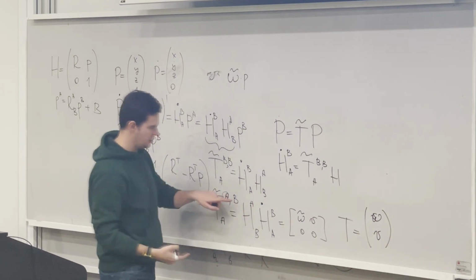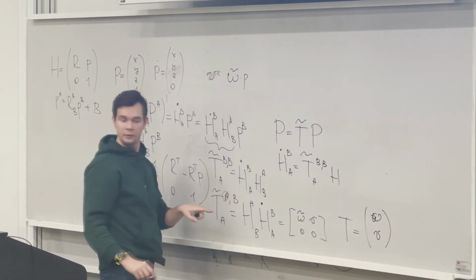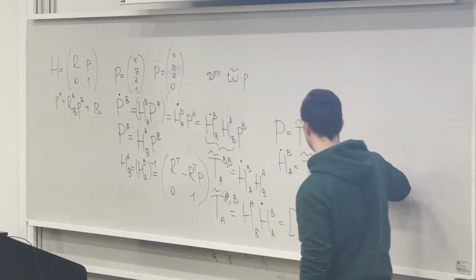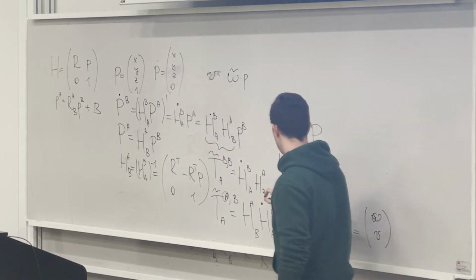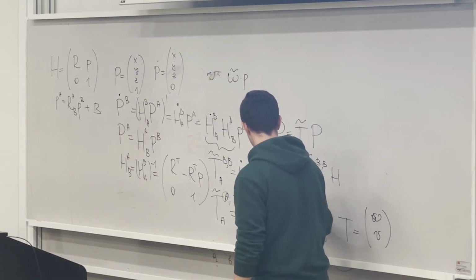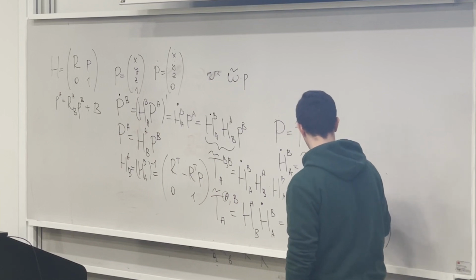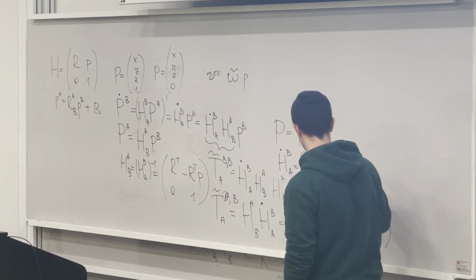What indices should I write? I need to multiply it with the inverse. It means BA, the right side and the left side. So here will be HAB, BA.